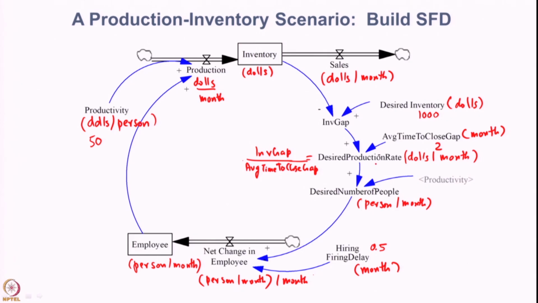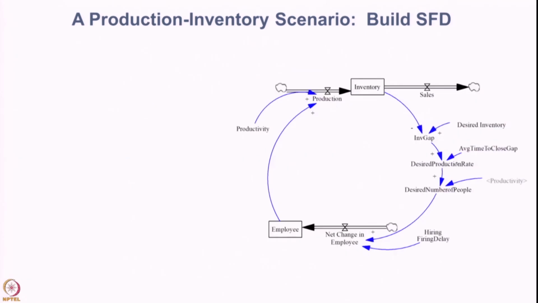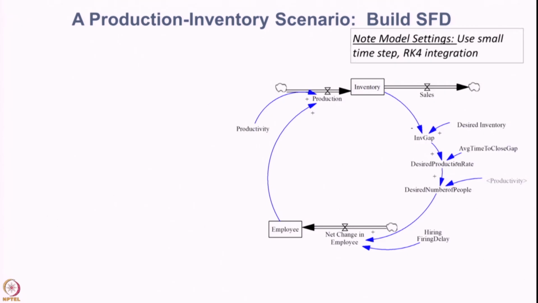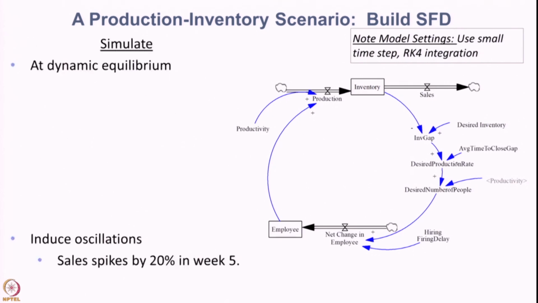Now, let us go ahead and try to simulate it. First, again note the model settings: we will be using a small time step with RK4 integration to get a good precision. Now, when we simulate, we would like to start the model at dynamic equilibrium.